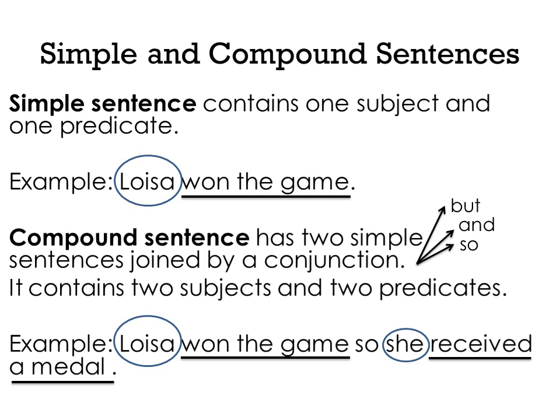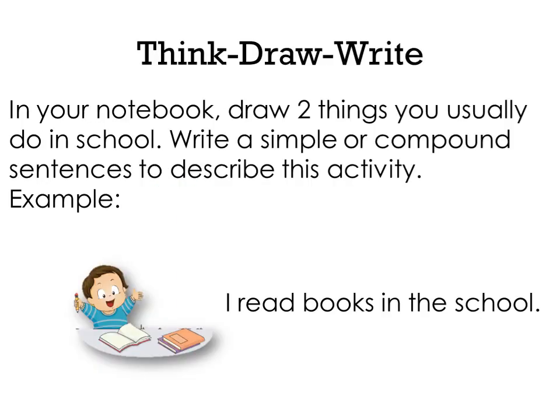So now we have two subjects and two predicates. Teacher, you said earlier that it's joined by a conjunction. Yes, it's true. And the conjunction used here is so. So that's why Loisa won the game, so she received a medal is an example of a compound sentence.